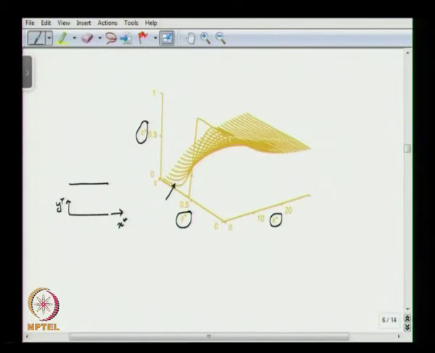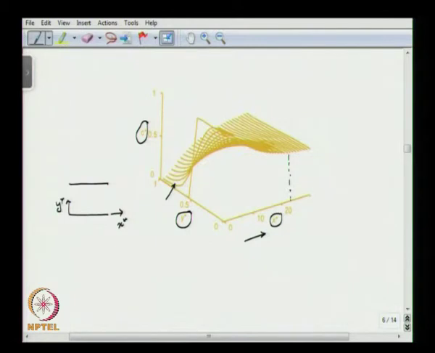Now, as we proceed along x direction, this gradient is going to reduce, and at some point this is where the complete mixing is occurring. So, there is no gradient along the y direction.